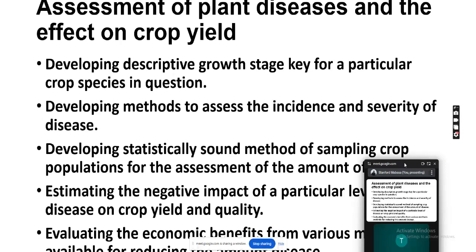Developing methods to assess the incidence and severity of disease. So we should develop some methods to assess incidence, which is the proportion of crops affected, and the severity of disease, that is the development of the disease on individual crops.